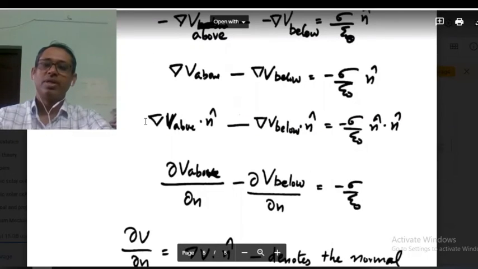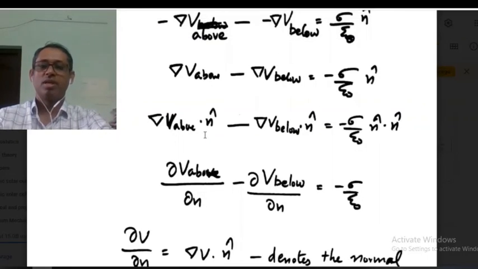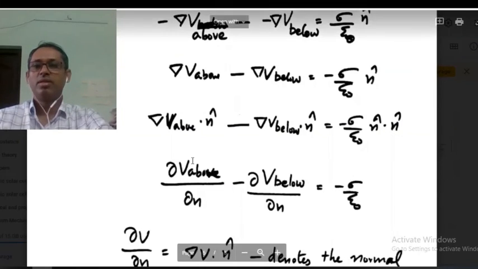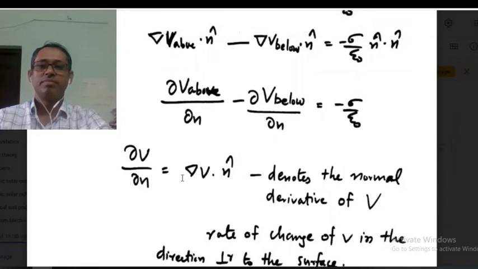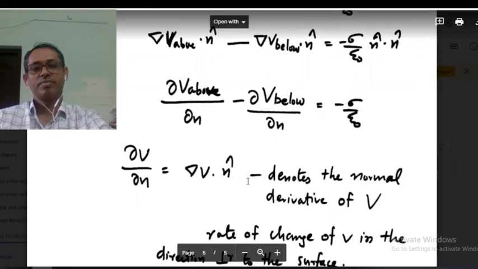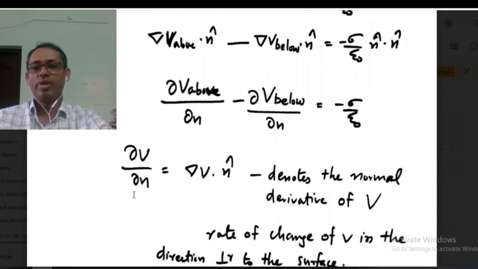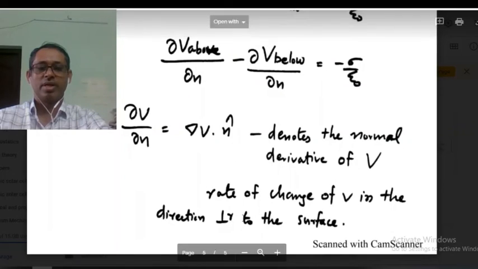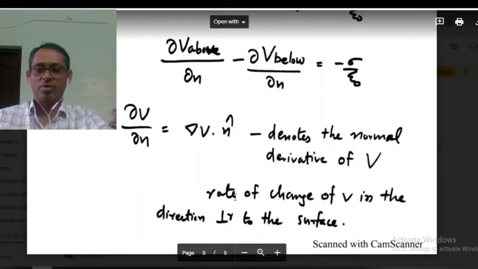So the gradient of the potential above dot n minus the gradient of the potential below dot n is equal to minus sigma by epsilon 0, because the dot product of a unit vector with itself is 1. Now del V dot n is written as dou V by dou n. This is called the normal derivative of V, the rate of change of V in the direction perpendicular to the surface.